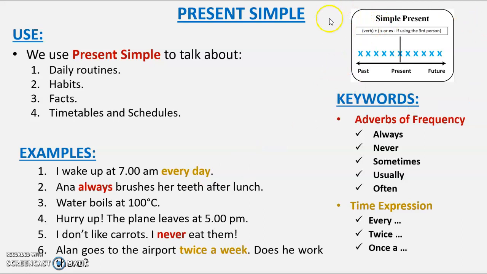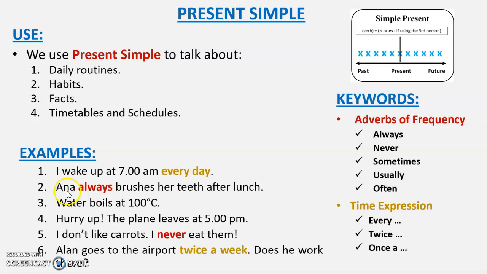In here we have a chart for present simple, a short timeline for you to know when to use the present simple. So we have the verbs, normal verbs. But if we have a third person, that is he, she, and it, we put s or es.